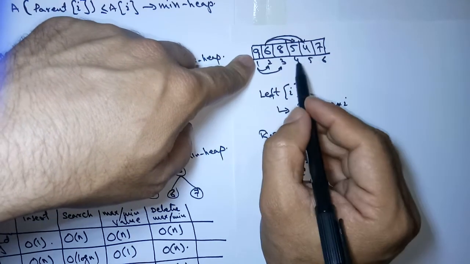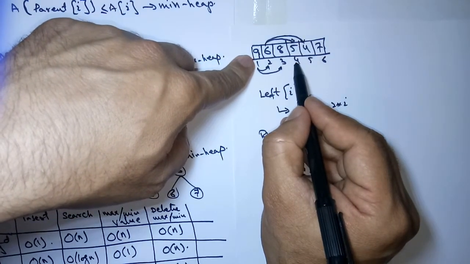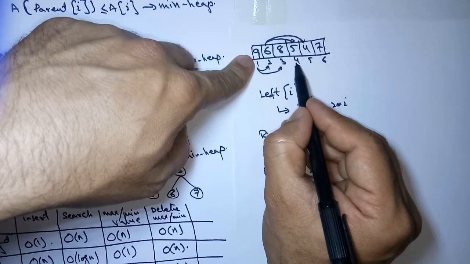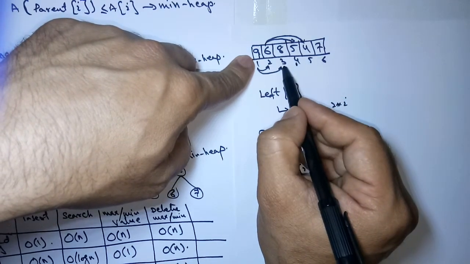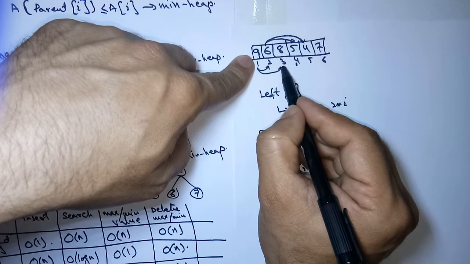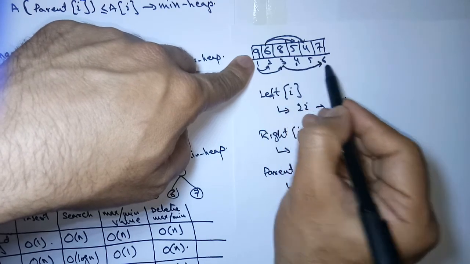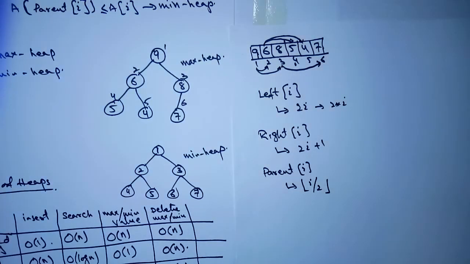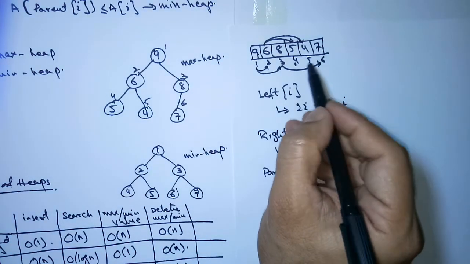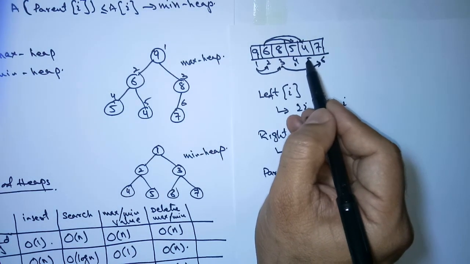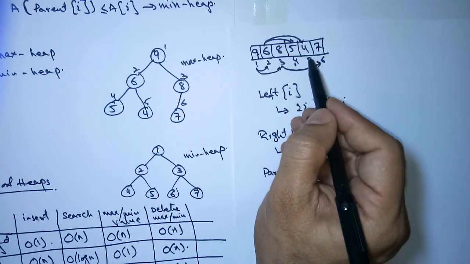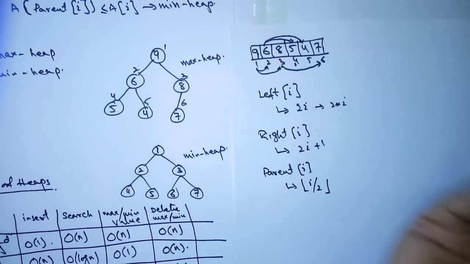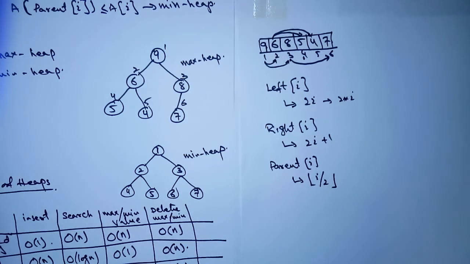The left child of 4 is 4 times 2, that is 8, which is not present in the array. For 3, the left child is 3 times 2, that is 6, right? And for the parent, simply take the parent of 5 as 5 divided by 2, that is 2.5, take the floor, that is 2, right? So this is how we maintain the relationships.